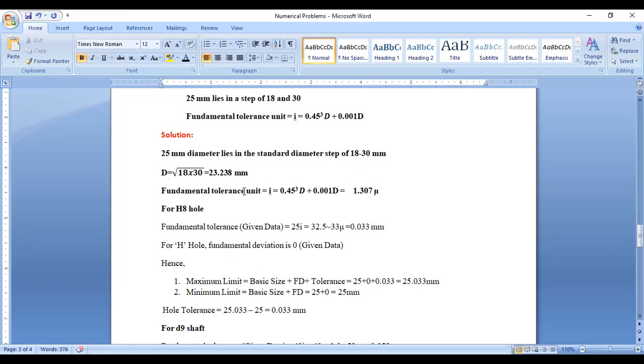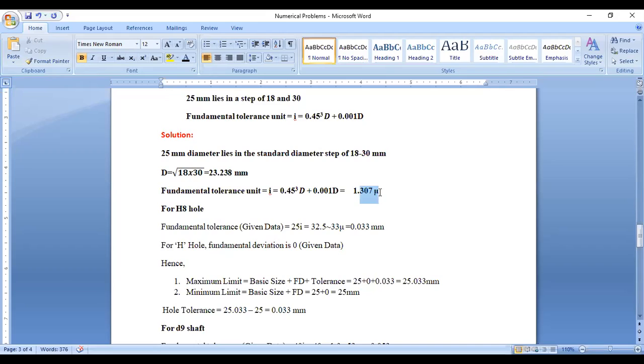Next step is you have to find out the fundamental tolerance unit I using the equation given in your given data. If you use that equation, you will get the answer as 1.307, and remember this value will be in terms of microns.